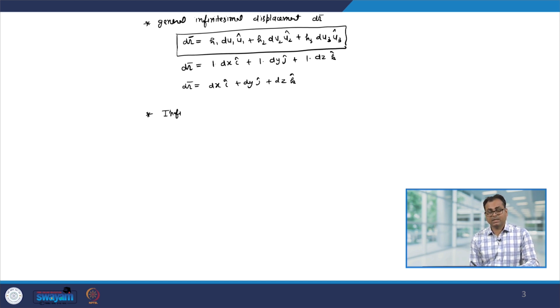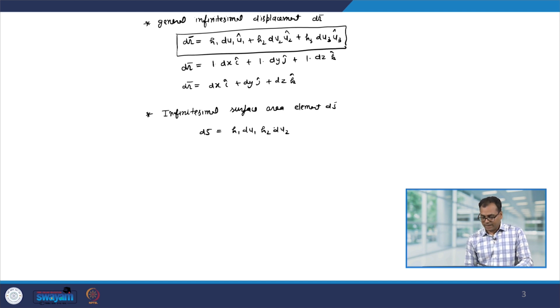Now, let me write down the infinitesimal surface area in terms of h1, h2, h3. Let us say it is ds. So, ds will be h1 du1 h2 du2, okay, and its direction will be perpendicular to u1 and u2.